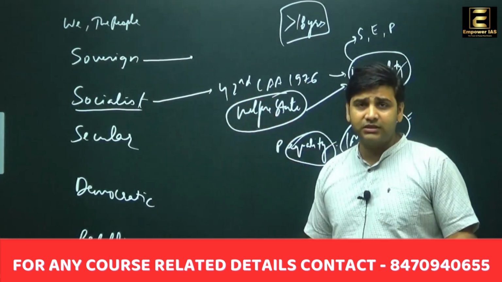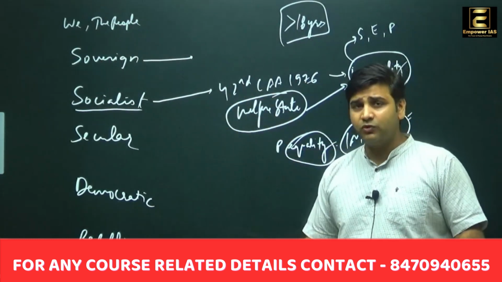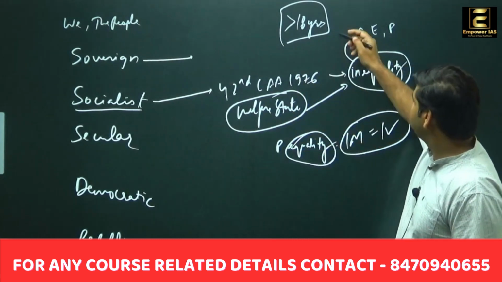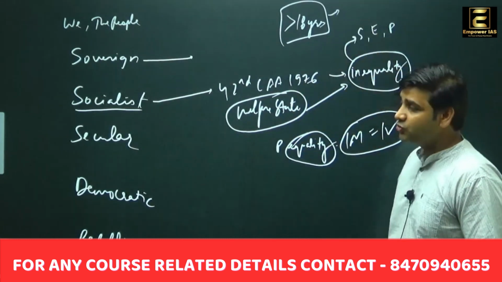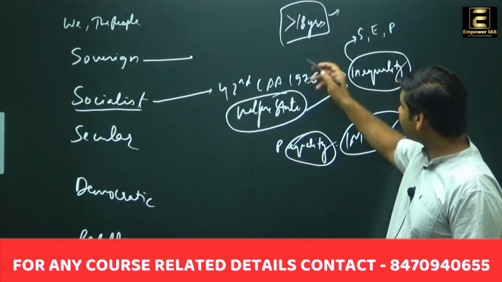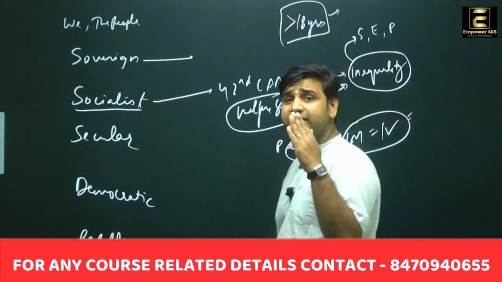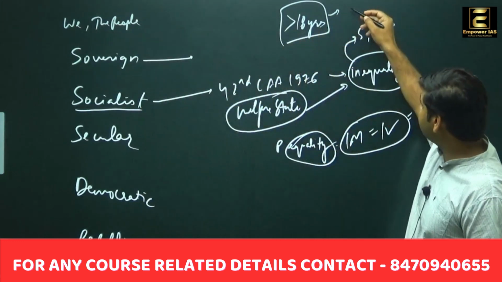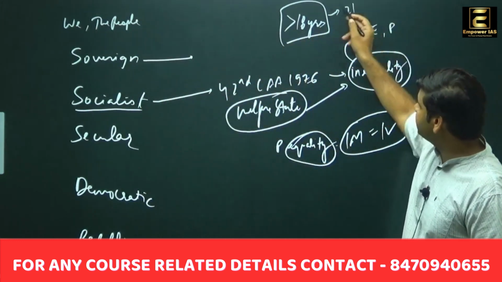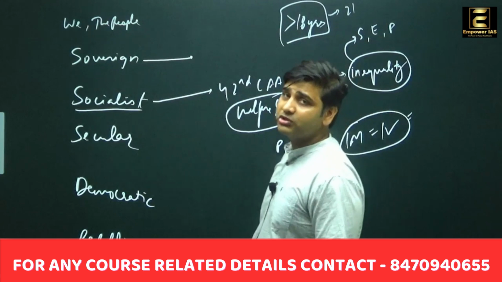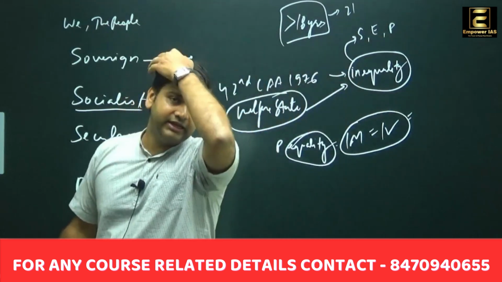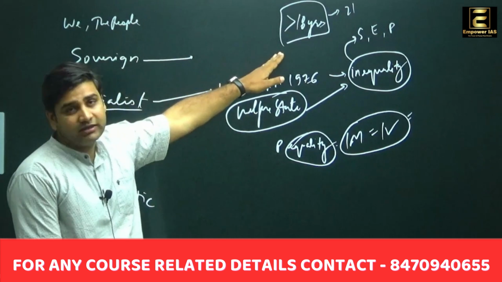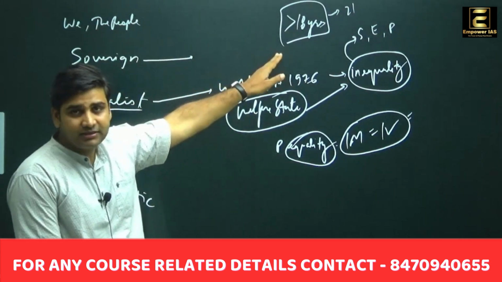Willingness comes afterwards. If you are not willing to vote, you are doing wrong to the country, but that's another thing. The eligibility criteria is that you should be a citizen of India and above 18 years of age. This age limit was 21 years, but it was reduced to 18 years by the 69th Constitutional Amendment Act in 1989 by the Rajiv Gandhi government.